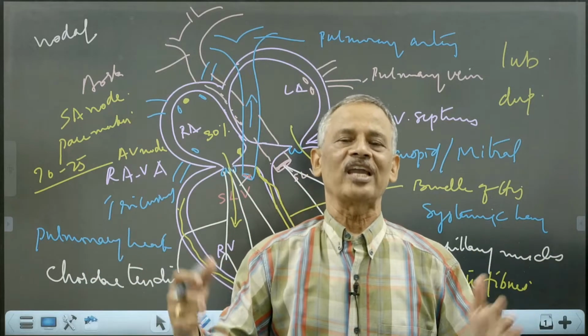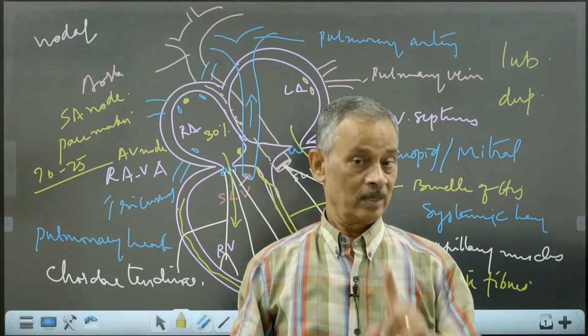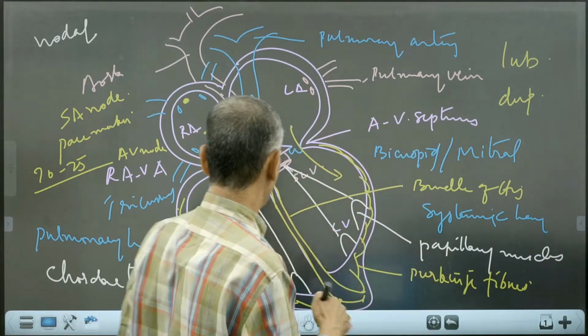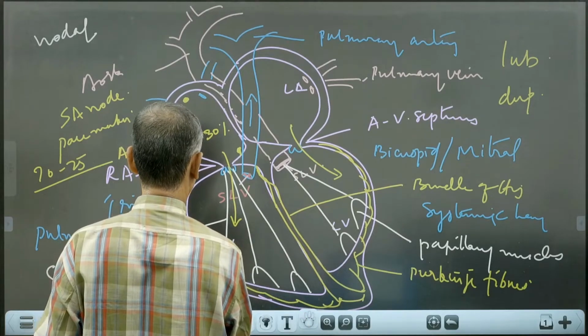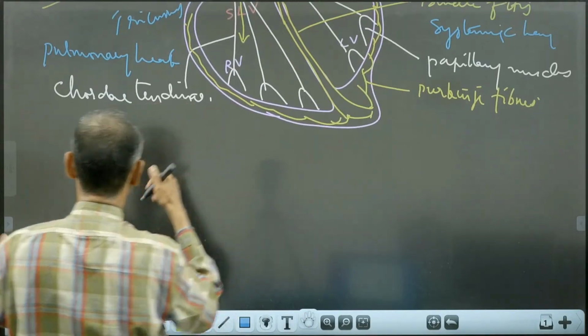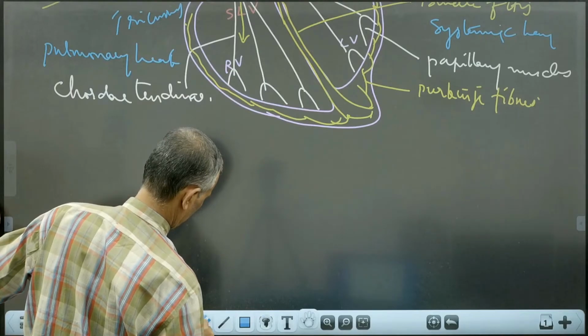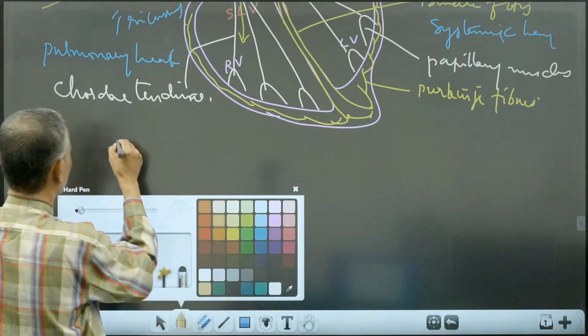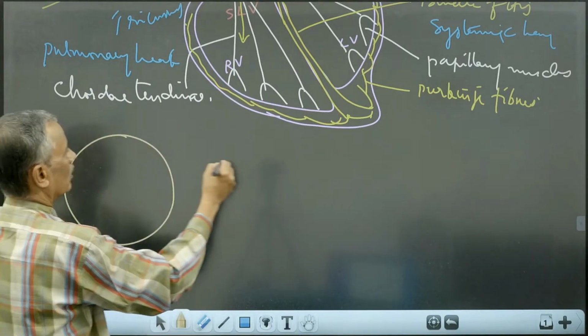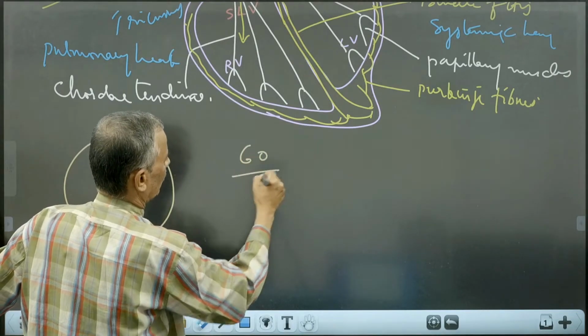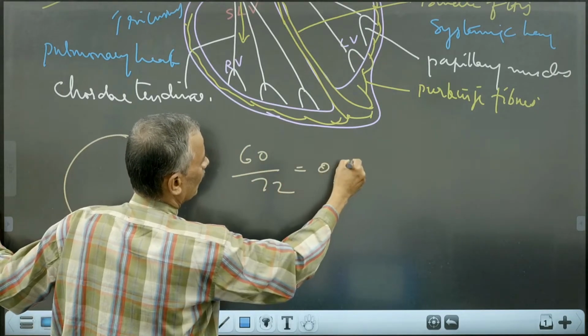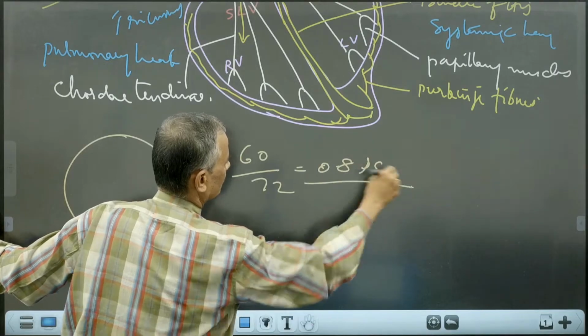So one cycle is over. Remember, for one cycle, we took only 0.8 seconds. 60 seconds for 72 beats, that is 0.8 seconds for one cardiac cycle.